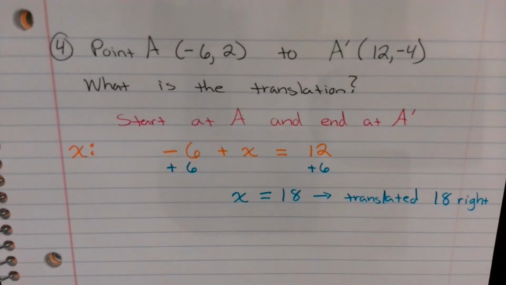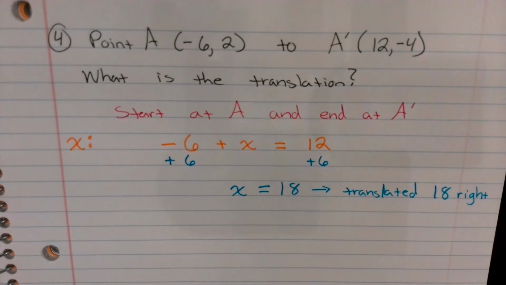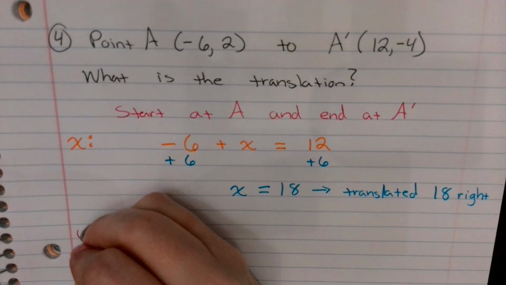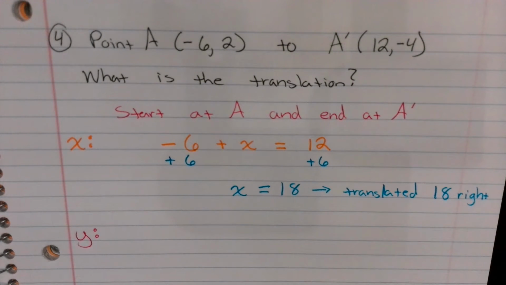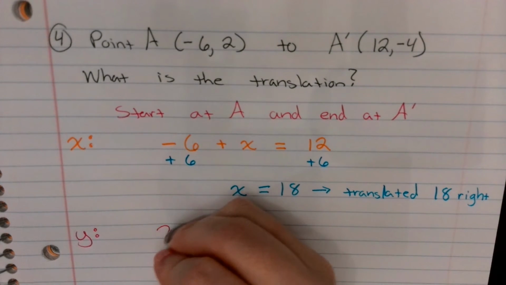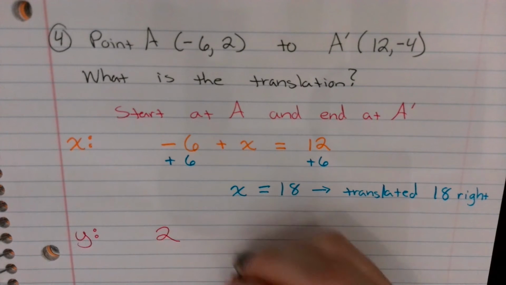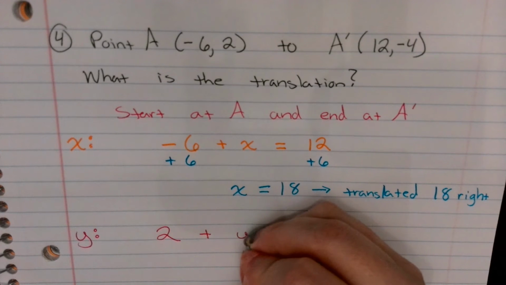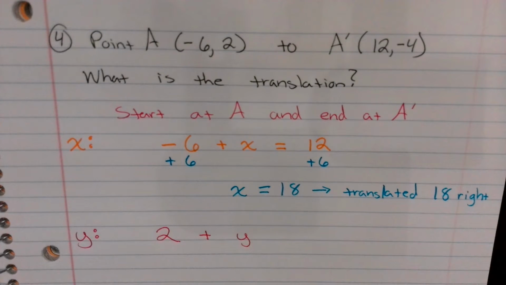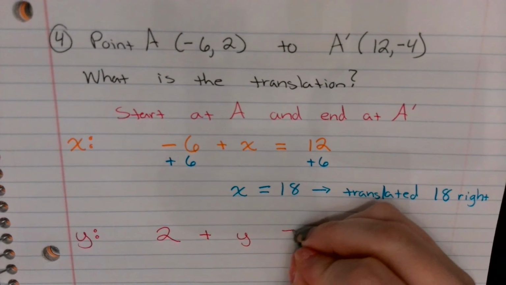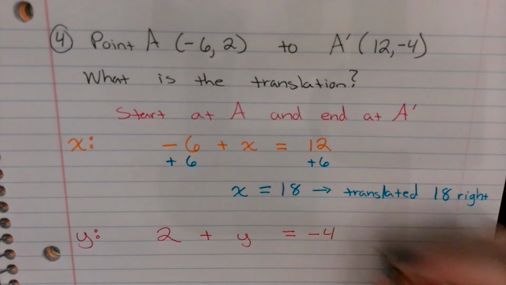Let's go ahead and take a look at the y now. With the y, you're going to set it up the exact same way. We started at 2, then we did some kind of translation of y, and we ended at -4.